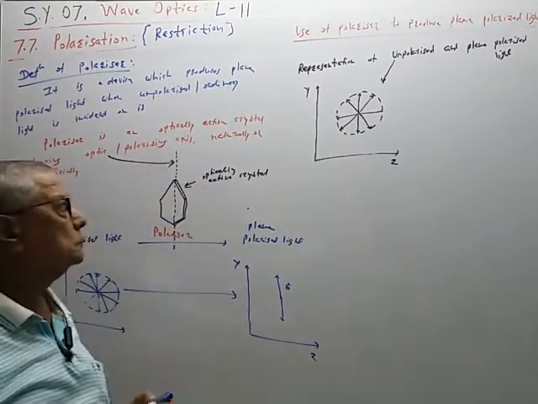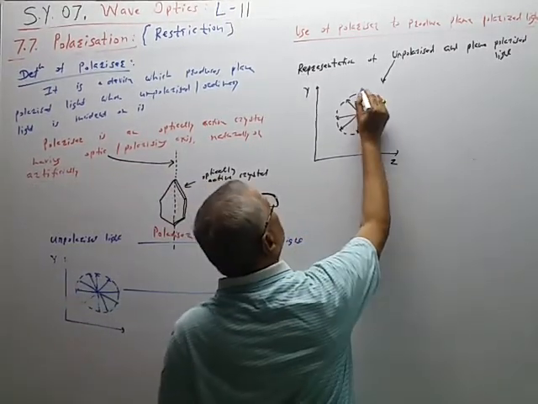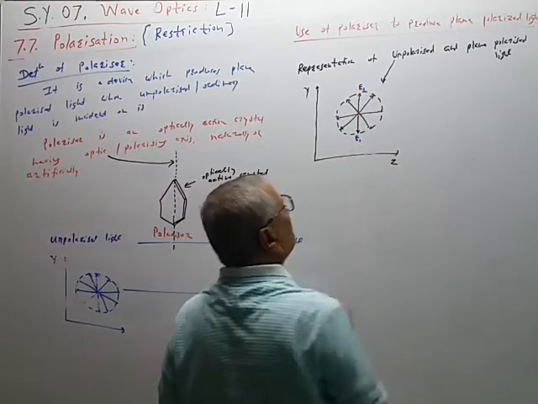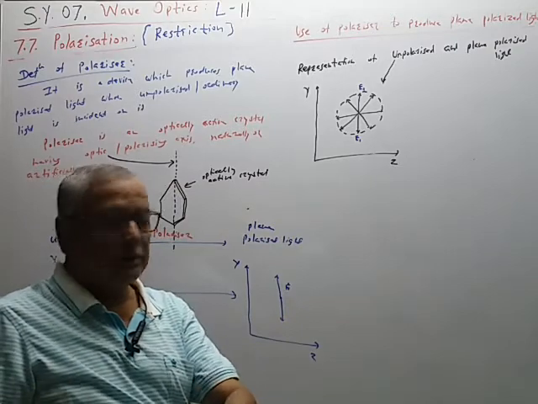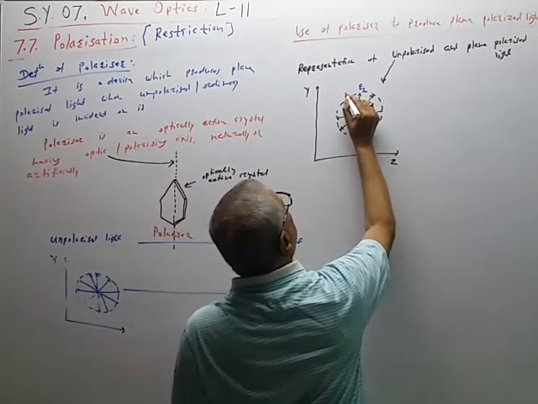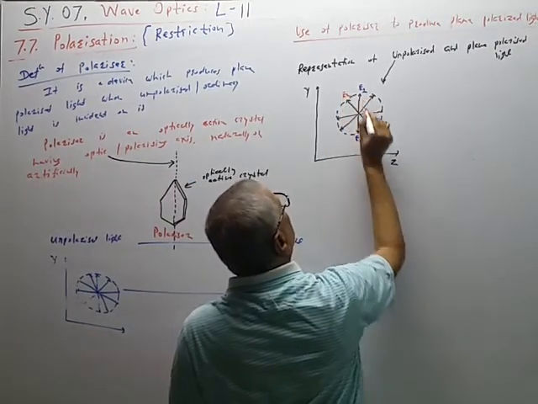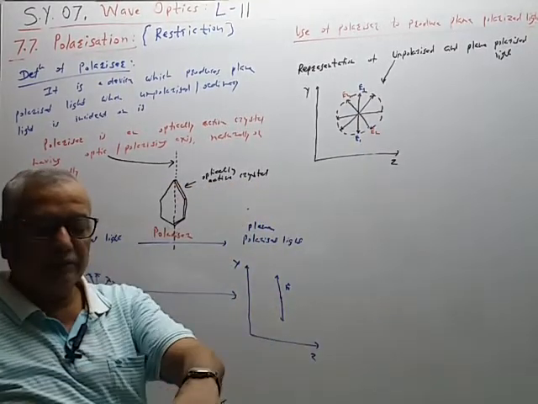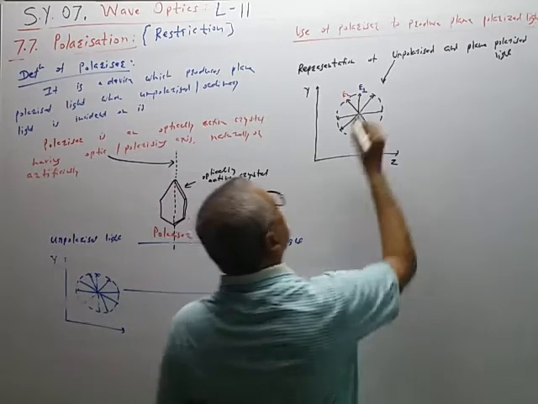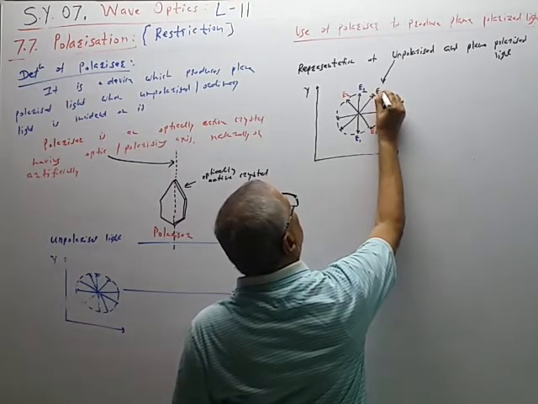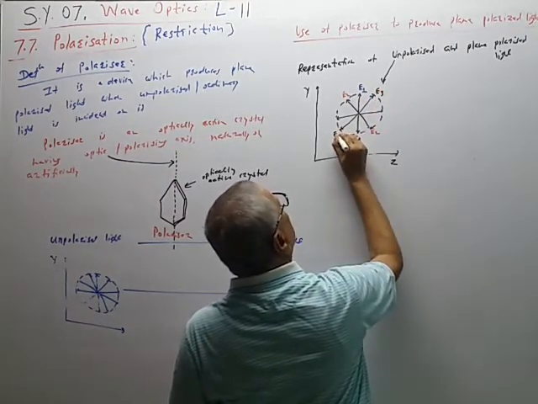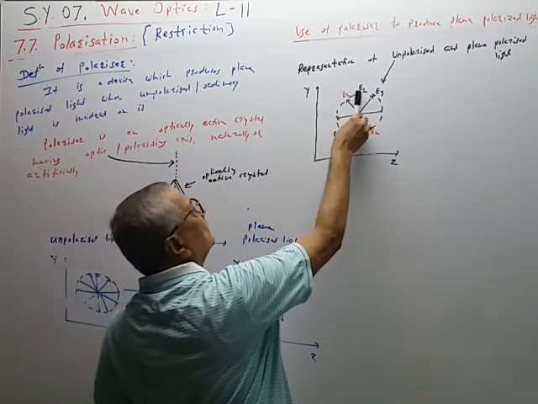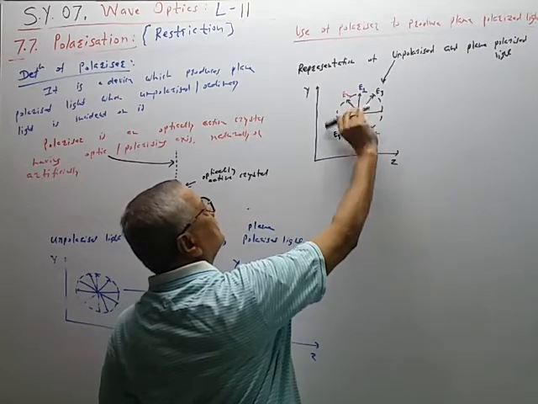So this electric vector is E1. This electric vector is E2. This electric vector is E3.